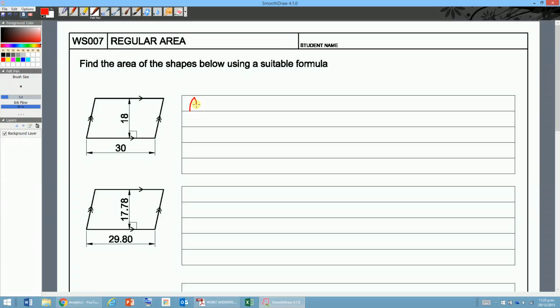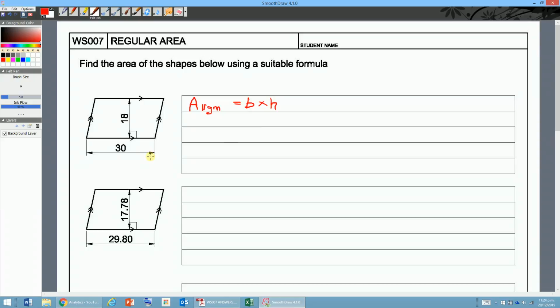So to find the area of a parallelogram, which is these two lines like that, there's a formula for that, and it's essentially base times height.